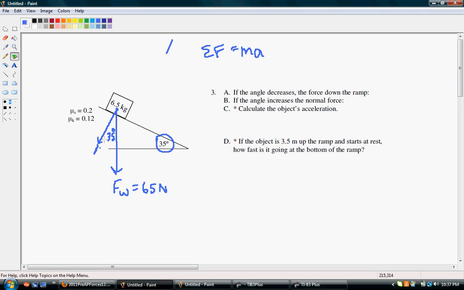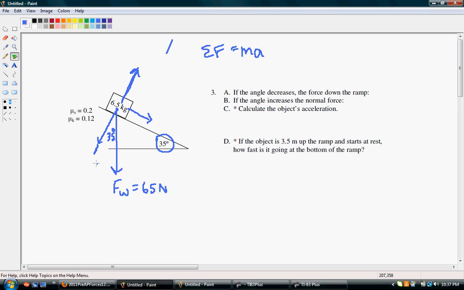Now what we're trying to find, what we want to know, is what is the normal force being applied perpendicularly to the surface of the ramp, and also what is the force down the ramp. These are both going to be proportional to the force of weight depending on at what angle they are.